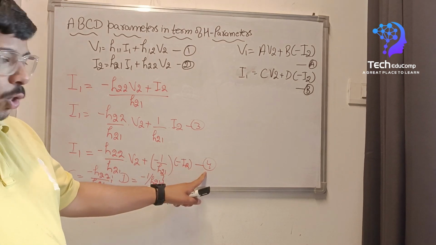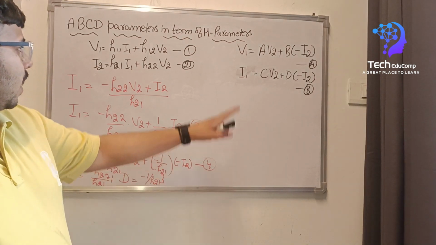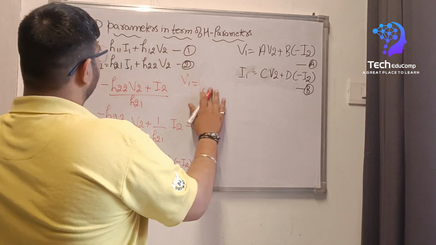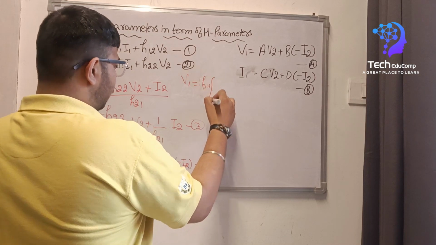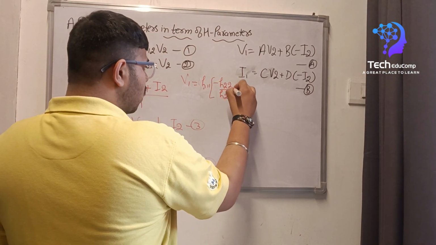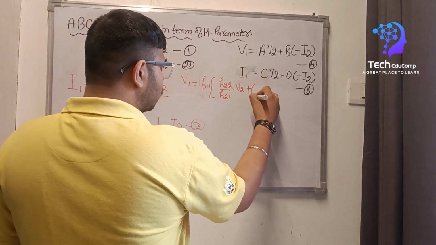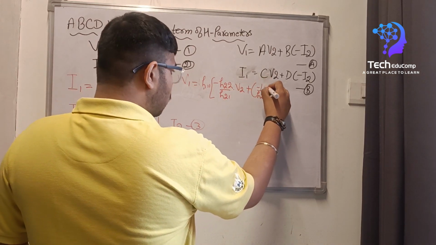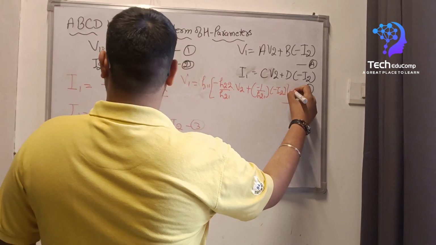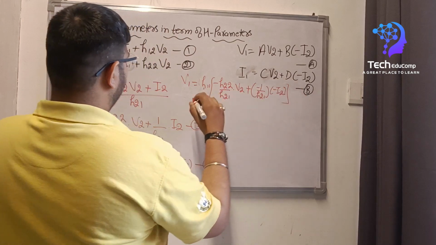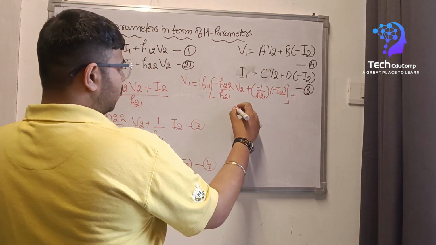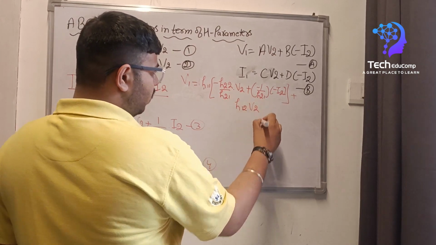Now putting equation number 4 in equation number 1, I will get V1 equal to H11 into minus of H22 upon H21 into V2 plus minus of 1 by H21 into minus I2, plus H12 into V2.